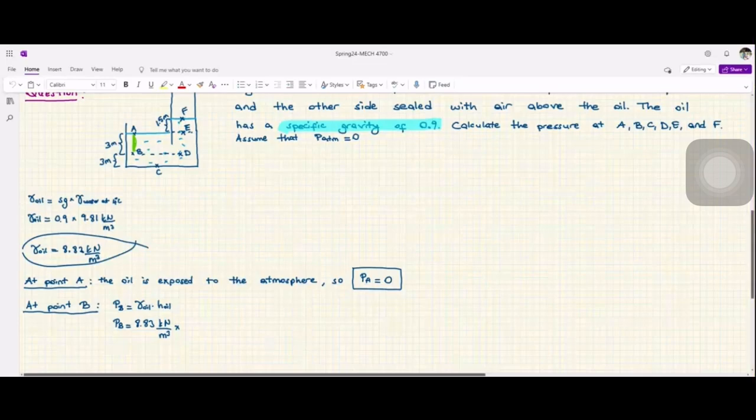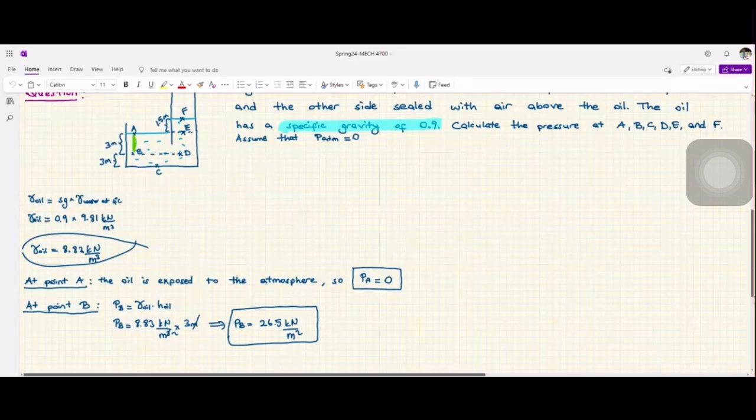So the H is 3, therefore 8.83 times 3 meters. Then the pressure at point B will be equal to 26.5 kilonewton per meter square, because this meter and one of the meters from there cancel out, right? And then we will have 26.5 kilonewton per meter square.